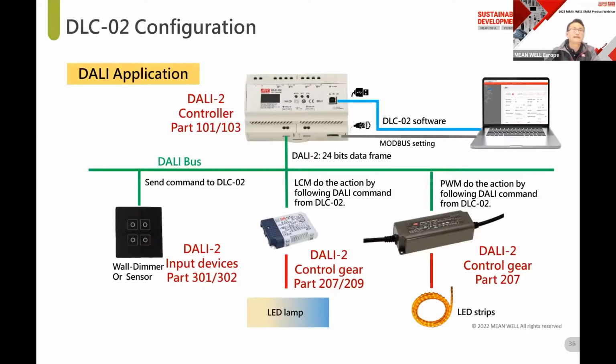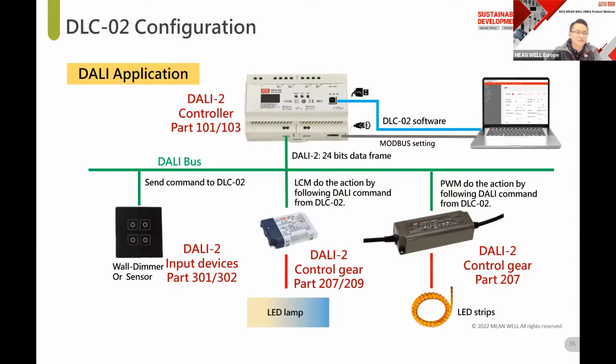The basic configuration is as this diagram shows. In the beginning, connect a laptop to the DLC to set all the parameters with the DLC02 software. The DLC software is provided by MEANWELL and can be downloaded from our website. For example, we want to use this black wall dimmer to control the LCM and the PWM LED drivers.